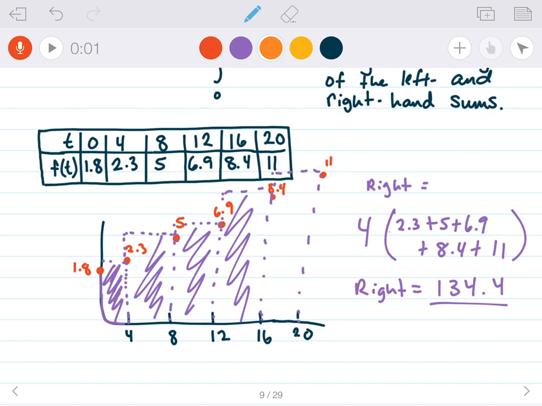Now let's do the left endpoints. So this time I'm taking my height to be the left endpoint. So this is my first rectangle. I'm going to do it in orange. My second rectangle. My third rectangle.